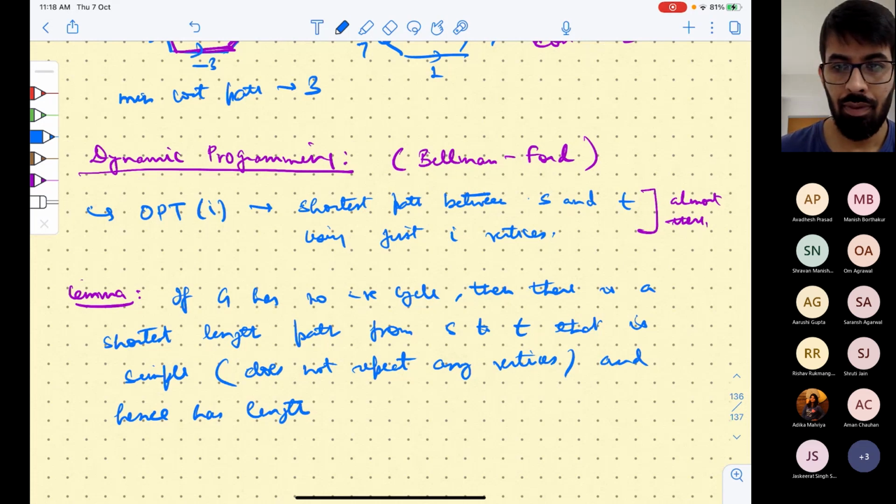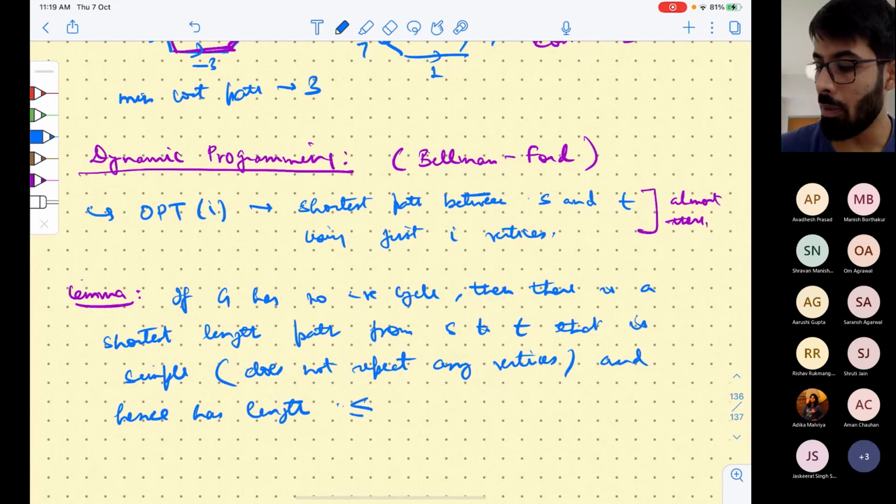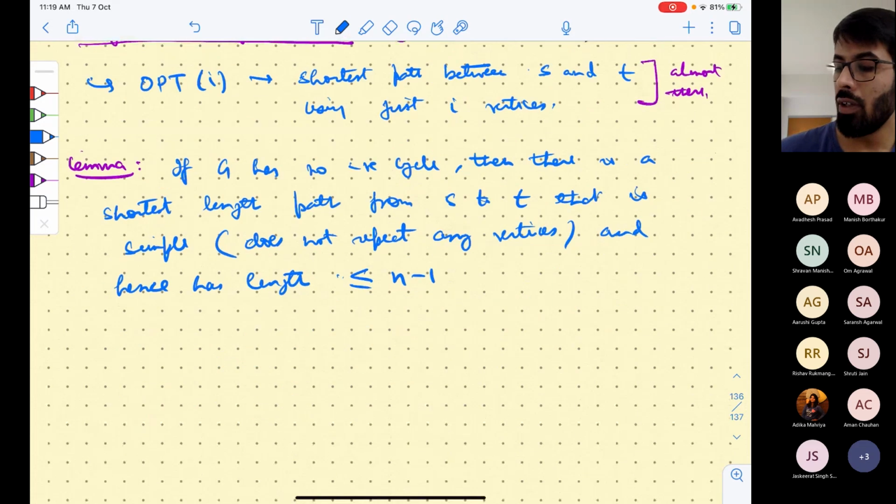Less than or equal to n minus 1. Sandak, I'm not able to hear you. Say again. At most n minus 1. At most n minus 1 edges, so it has length at most n minus 1. Right? Okay. The number of vertices can be n, and the number of edges can be at most n minus 1.